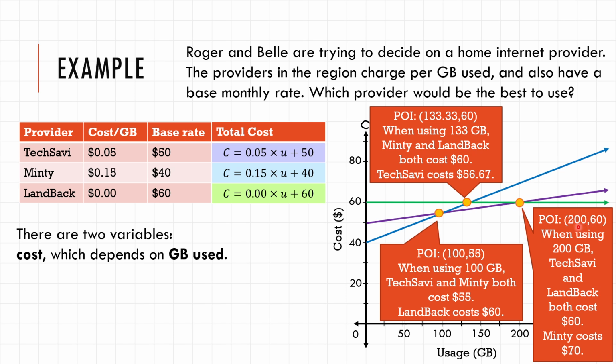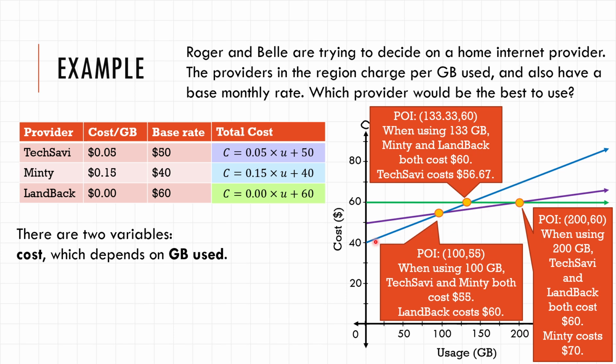So what this means is when you use 200 gigabytes, Tech Savvy and Landback both cost $60, whereas Minty now costs $70. And you can find that out just by plugging 200 in here. 200 times 0.15 is 30. 30 plus 40 is 70.